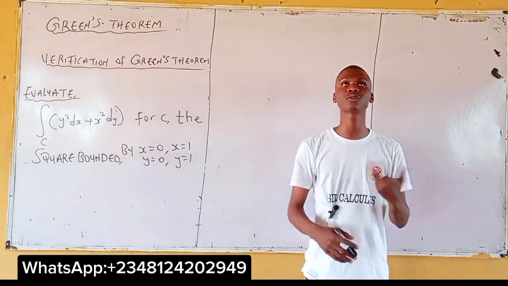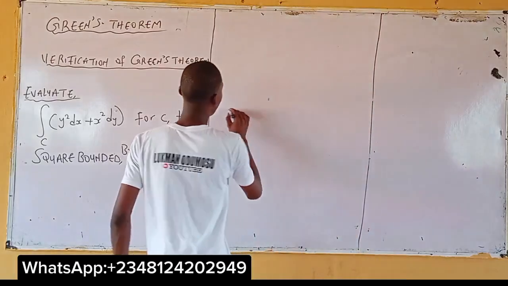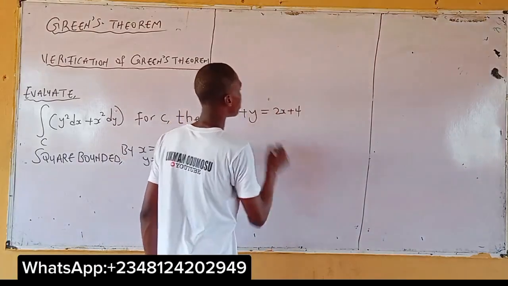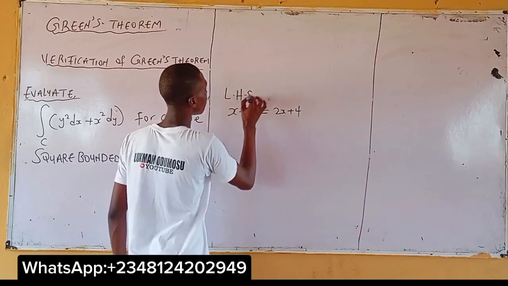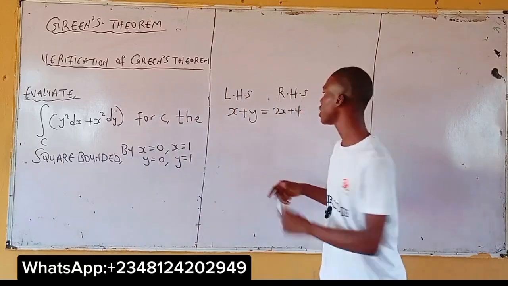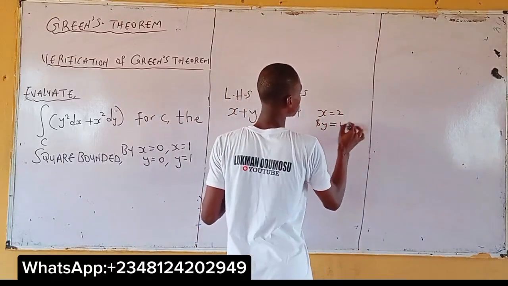It's just like doing algebra. Let's say you have x plus y equals 2x plus 4. This is the left hand side and this is the right hand side. Let's say the value of x is 2 and the value of y is 4.